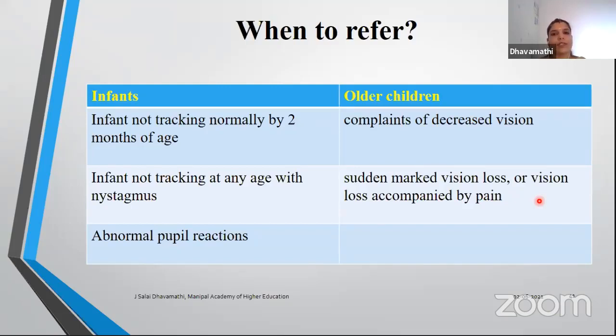For older children, if there is a complaint of decreased vision, poor academic performance, sudden vision loss, or vision loss accompanied by pain, you have to refer these kids. It is always advisable to ask the parent to bring the child once every year. And if you're prescribing any spectacles or any amblyopia therapy, keep a regular follow-up to monitor the child's status.